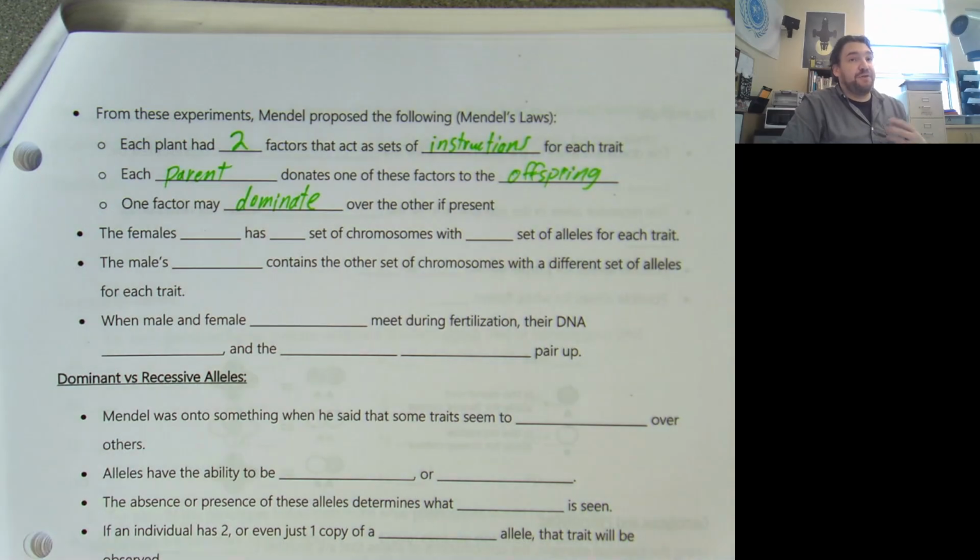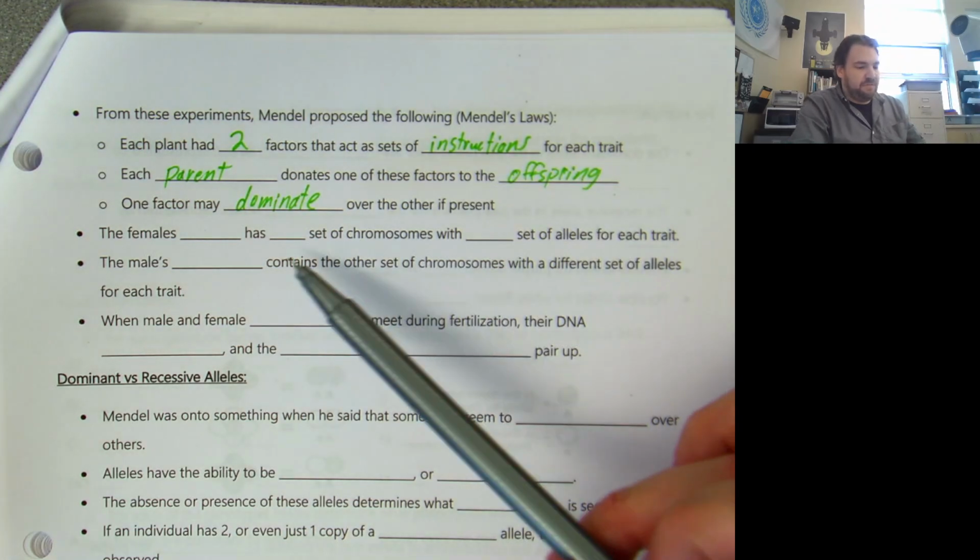And this is different for different traits. Some of them, there is a clear-cut dominance and recessiveness. Some of them don't have this. And we're going to talk about other forms of dominance and recessiveness as we go on in the chapter. But for now, we're going to start with these concepts.